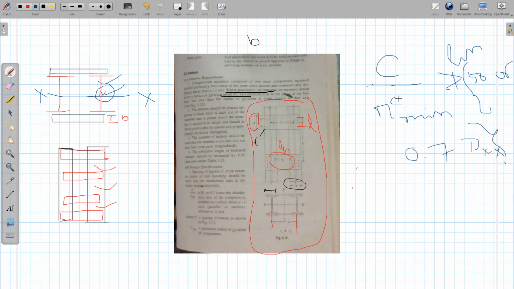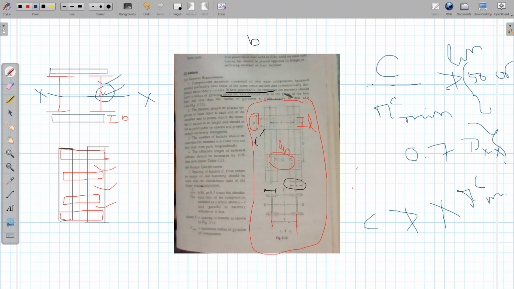So C will be less than or equal to whatever minimum value you are getting. Let us say this is x multiplied by RC minimum. This is how we can find out the spacing. Once you decide the spacing, check whether you are getting a suitable number of bays or not.